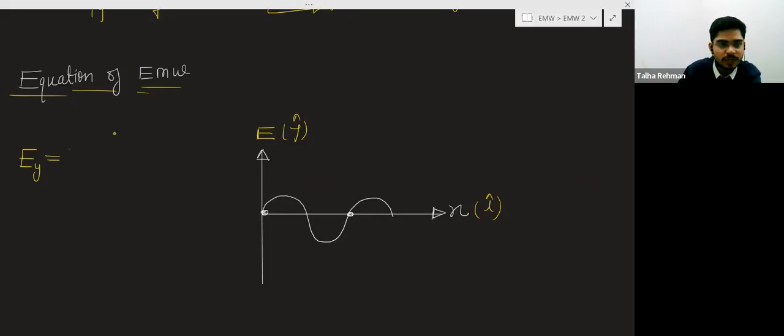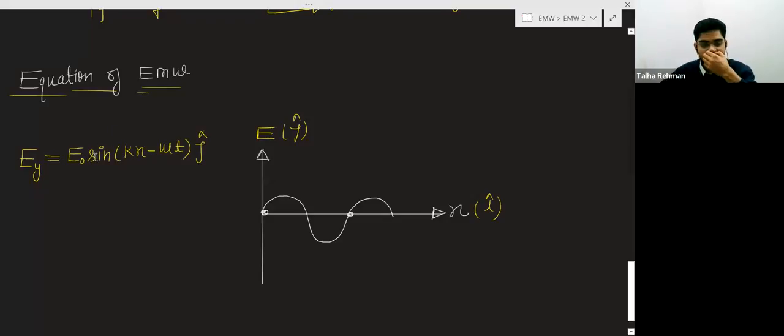Ey is equal to E naught sine (kx minus omega t), and you can write it with j cap also. This is the equation of the electric field in the electromagnetic wave.